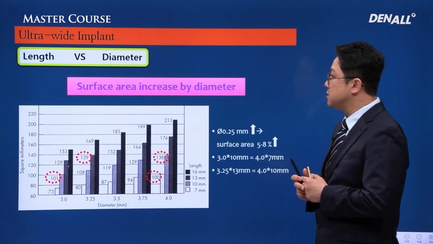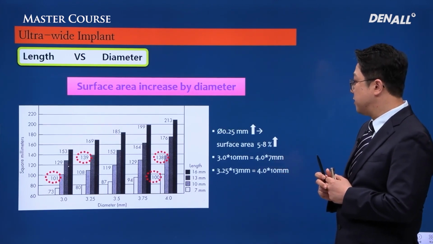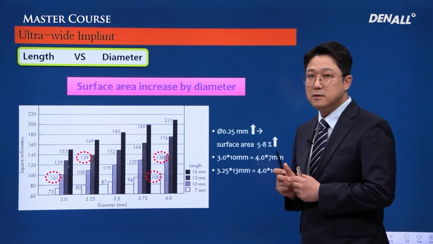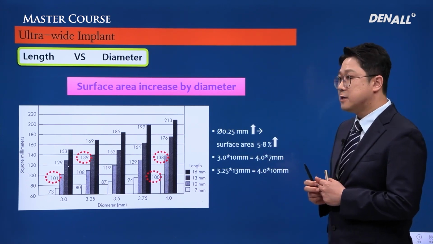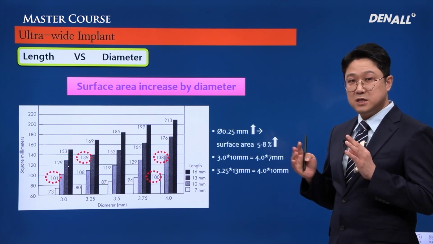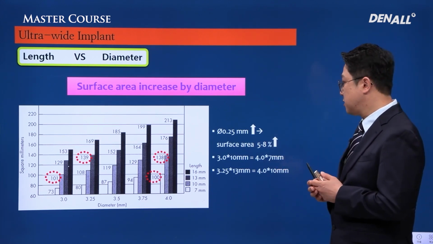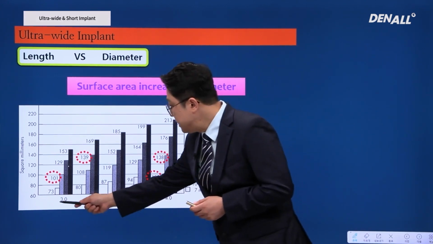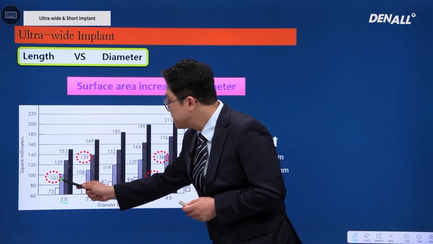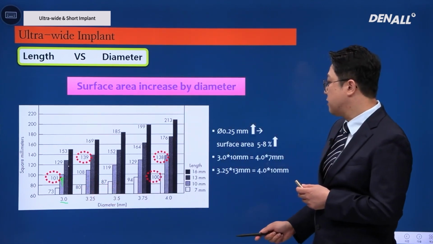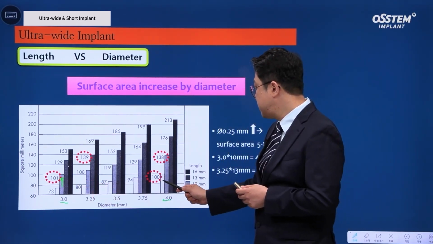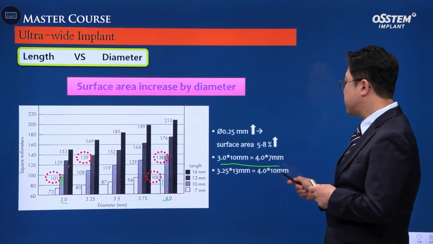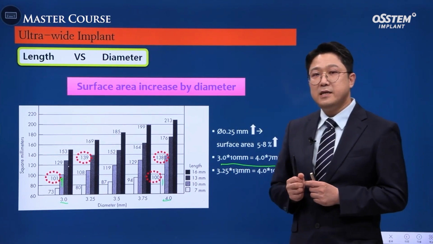There are many discussions on the length and diameter of implants. In terms of stress and load, the surface needs to be increased to get favorable results. This leads to whether you're going to increase the length or the diameter. If you look at the graph, the surface of a 3.0 by 10 millimeter implant and a 4.0 by 7 millimeter implant is almost the same.